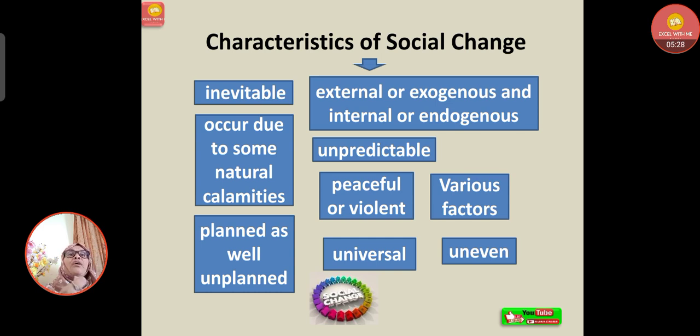Now it is both external or exogenous and internal or endogenous. That is, it is external when it arises from external factors. For example, the British impact on Indian society. These are also called social determinants.